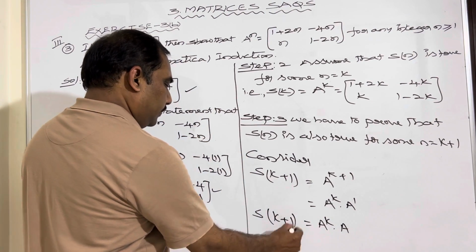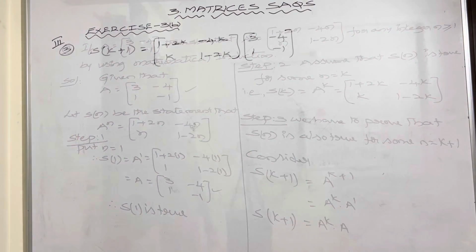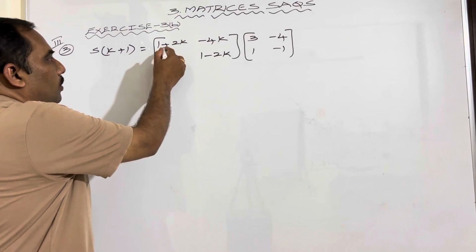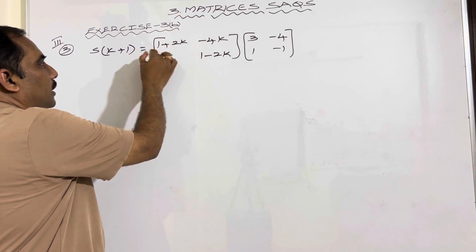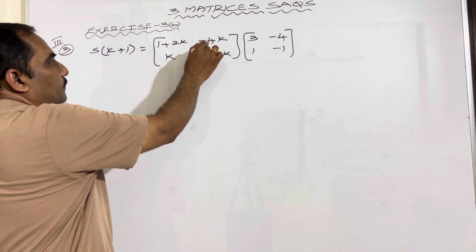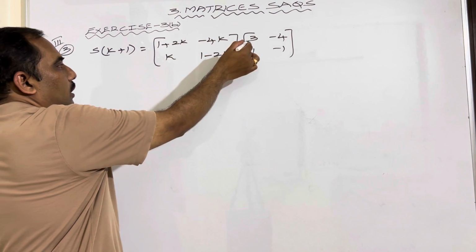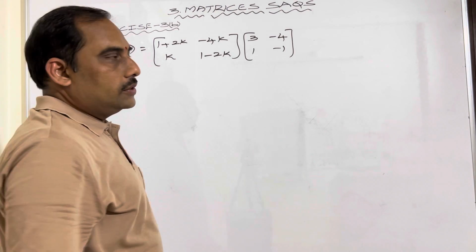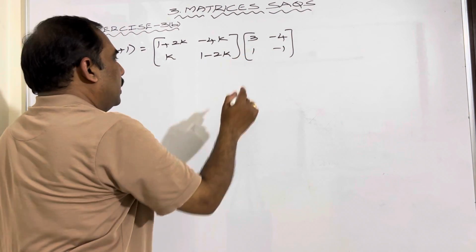Now S of k plus 1 is equal to, we have A to the power of k is the matrix [[1+2k, -4k],[k, 1-2k]], and matrix A is [[3, -4],[1, -1]].